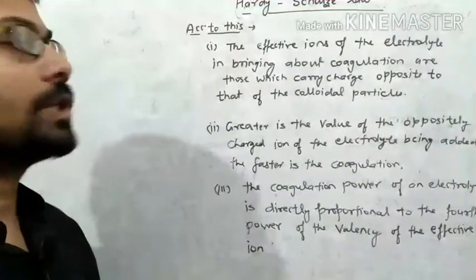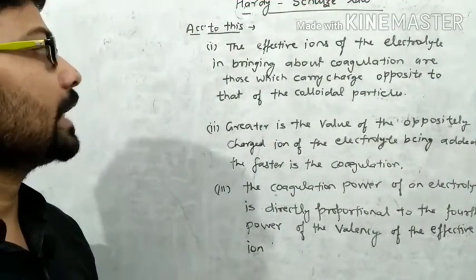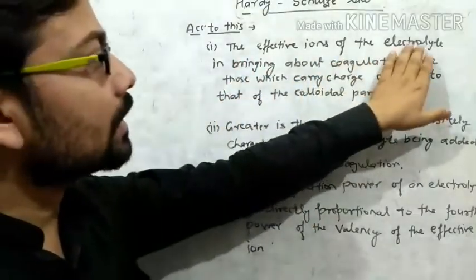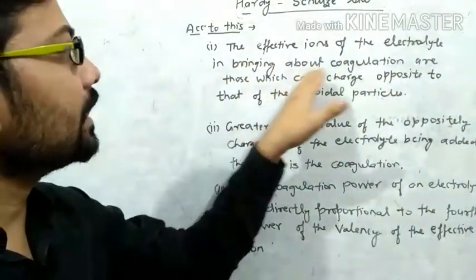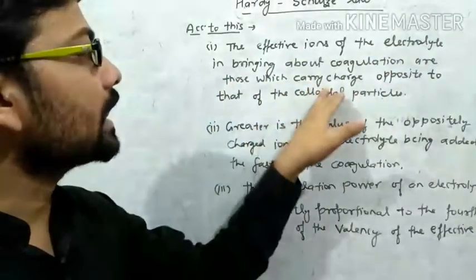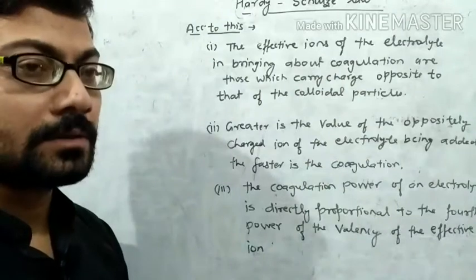Now Hardy-Schulze law states that number 1, the effective ions of the electrolyte in bringing about coagulation are those which carry charge opposite to that of the colloidal particles.